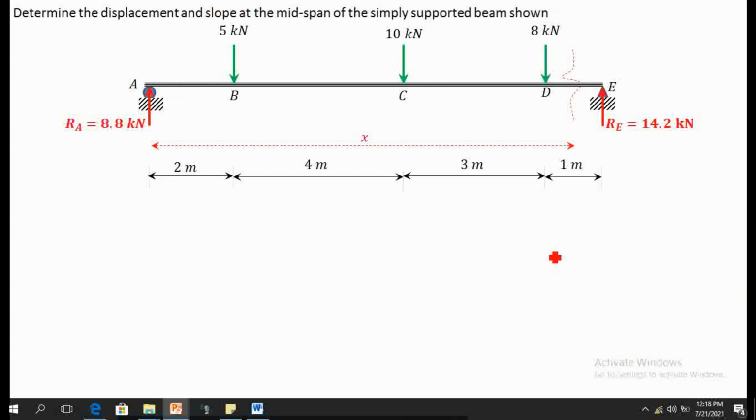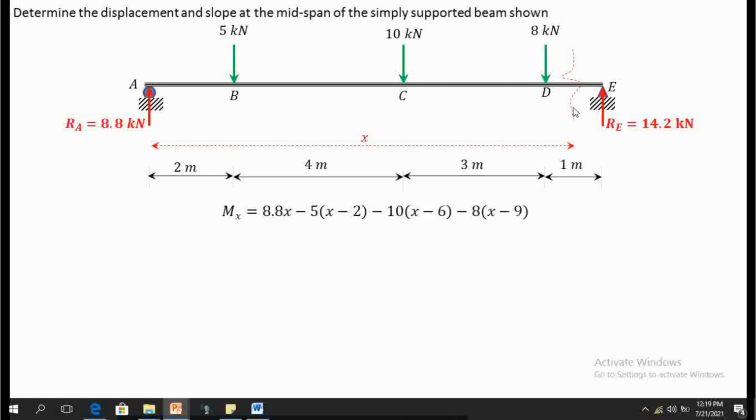After that, kapag nakalagay na ako ng cutting plane ko at yung x ko, next na gagawin ko ngayon is to make my moment equation.